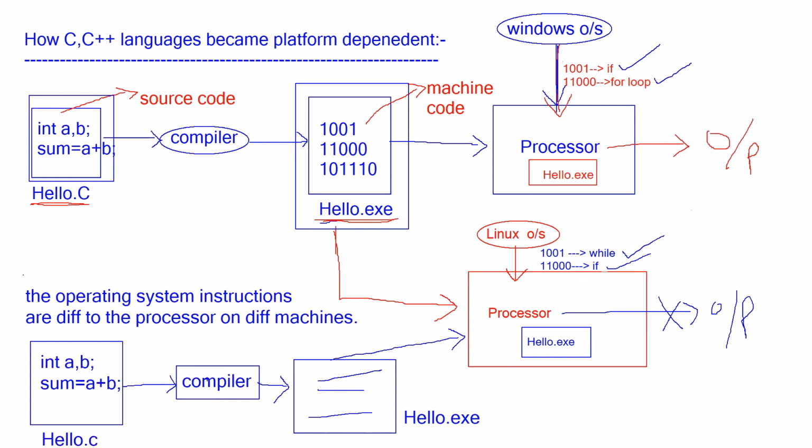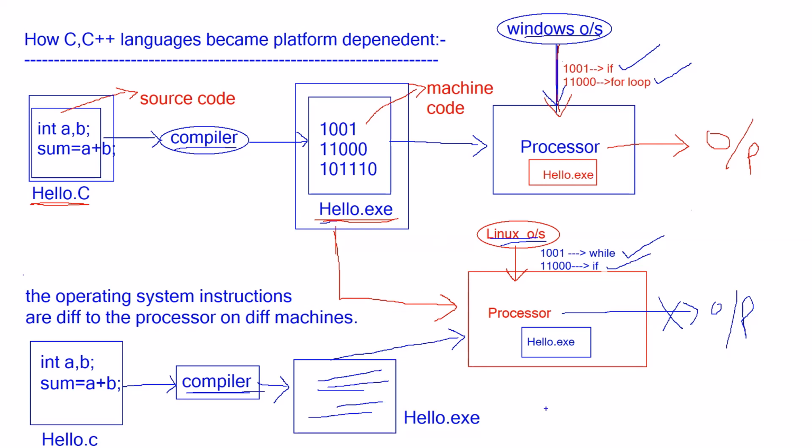How is it executed now? Because this compiler produces the exe code which is compatible to this Linux OS. And here the compiler will produce the exe code compatible to the Windows operating system. And here the compiler will produce the machine code compatible to the Linux operating system.